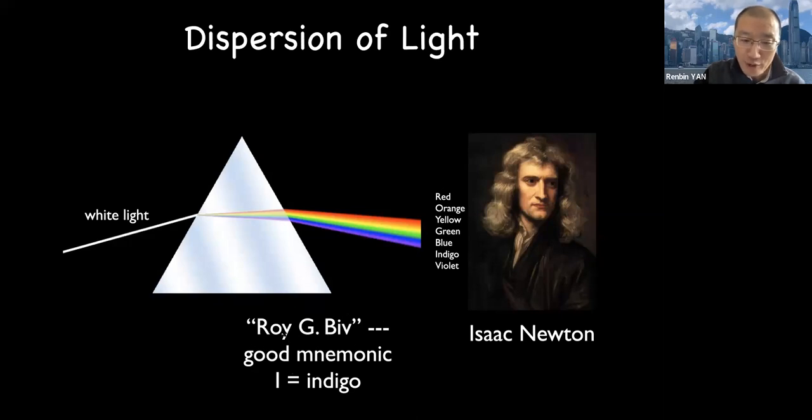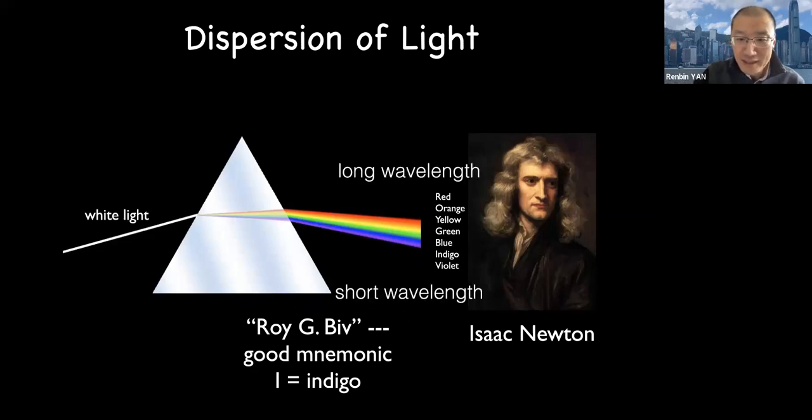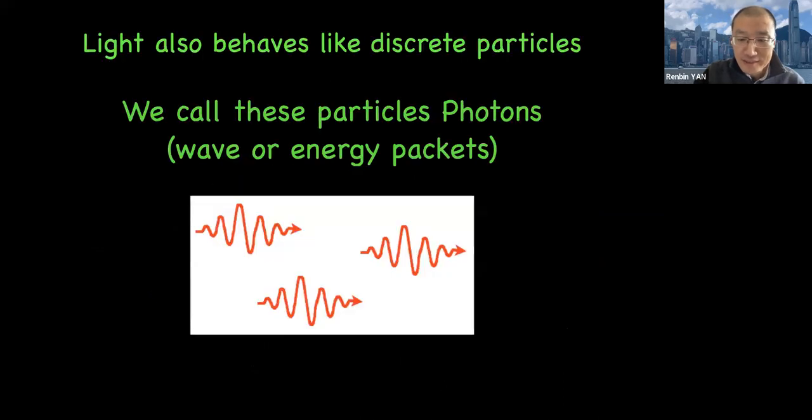That is red, orange, yellow, green, blue, indigo, and violet. This is the sequence of colors that represents electromagnetic waves going from long wavelengths to short wavelengths. Okay, that's the wave nature of light.